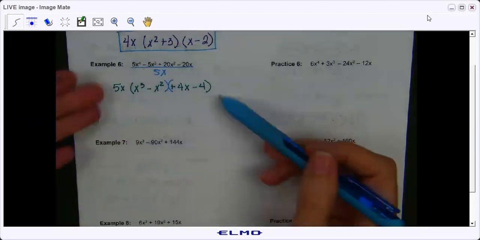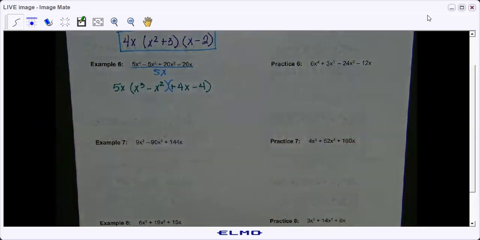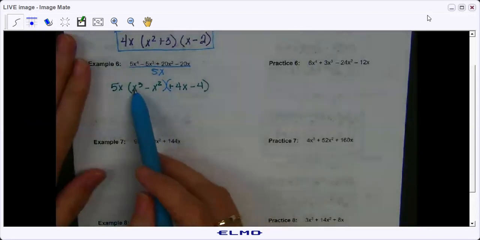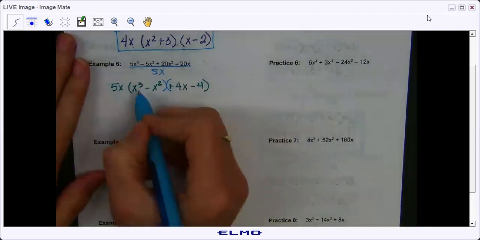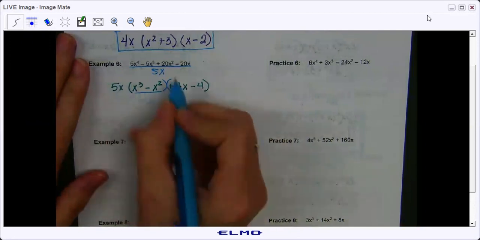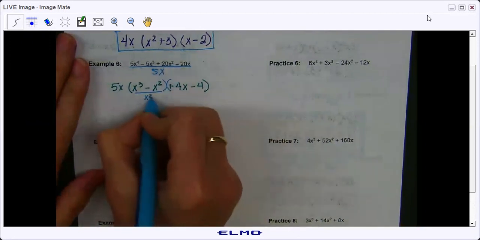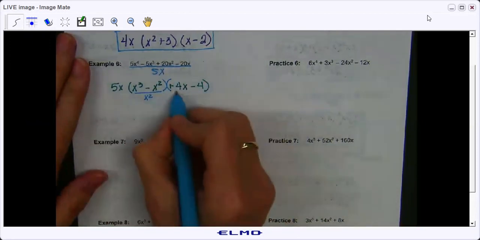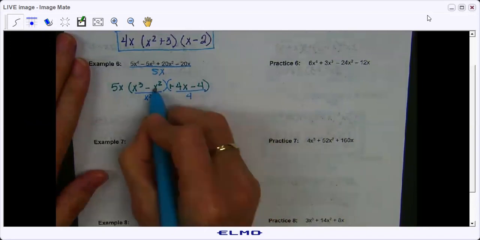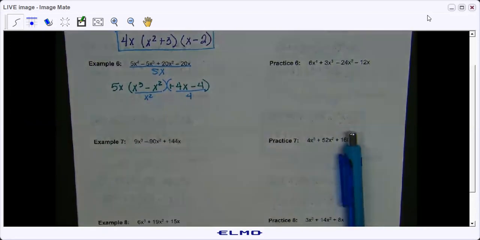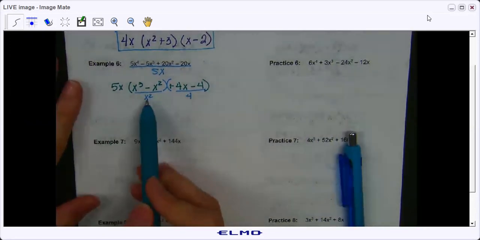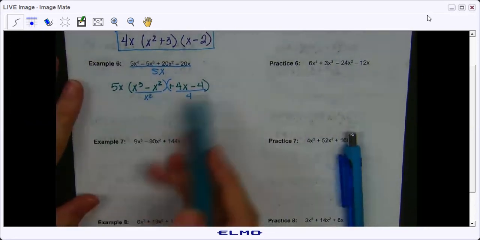Now we're going to treat this problem like we did on the previous page, and you're just going to factor each binomial here. So we can take out the greatest common factor of x squared in this set and the greatest common factor of 4 in this set. And we can rewrite our problem. Now, when I rewrite this 5x, I put it in parentheses so I don't get it confused with my x squared here.